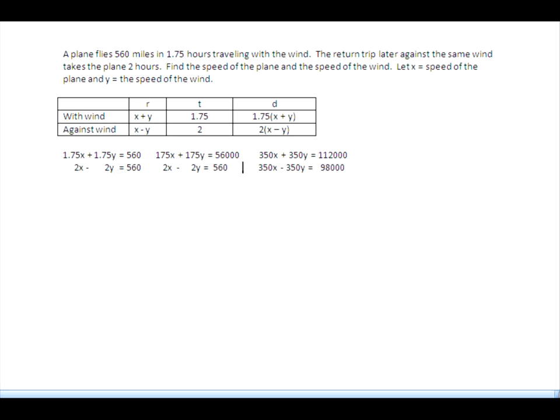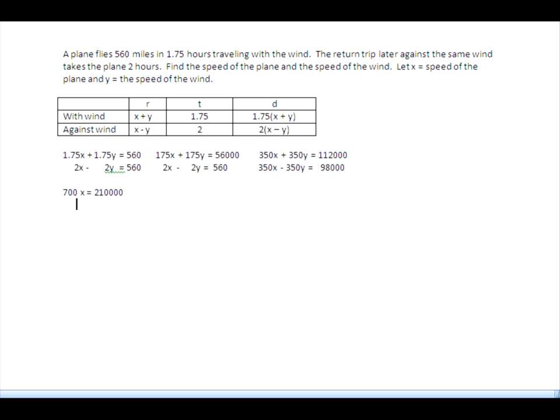Okay, and now we're going to come down here. We're going to simplify this. We're going to add the x terms, so we'll have 700x is equal to, the y terms have subtracted out, so we'll add 98,000 and 112,000, and we'll get 210,000.